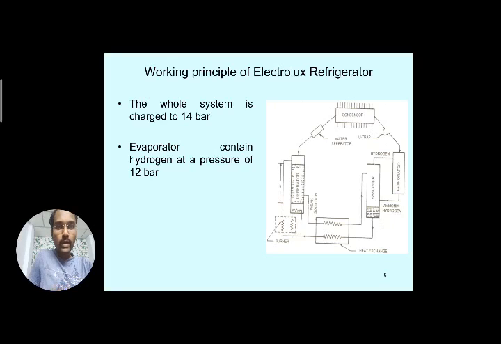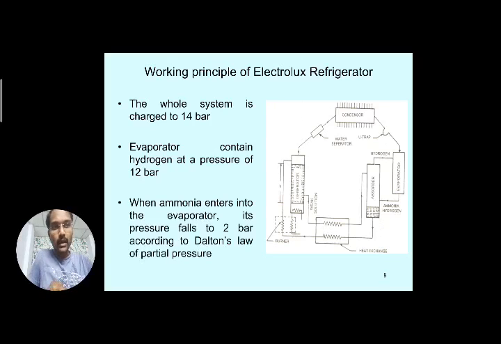Now the evaporator containing the hydrogen is at a pressure of 12 bar. The hydrogen present in the evaporator is maintained at a pressure of 12 bar.